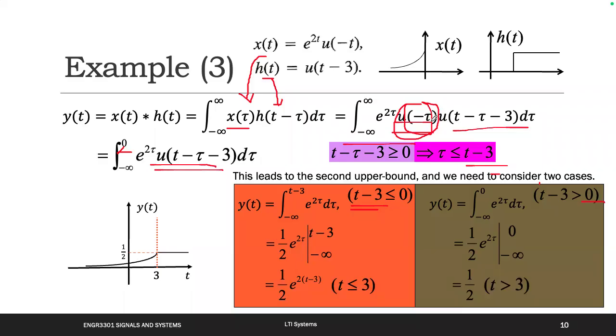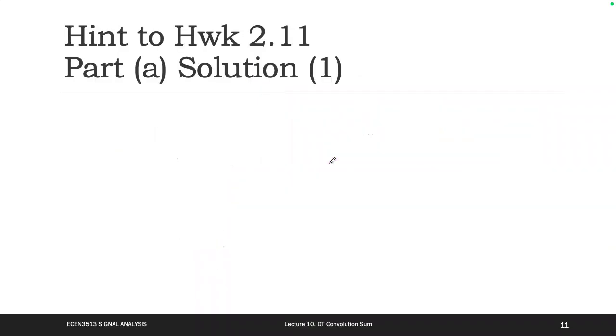If you have two different lower boundaries, you need to choose the bigger one as your lower boundary. Sorry, remember, you need to pay attention to this. Okay, and let's talk about some other examples.